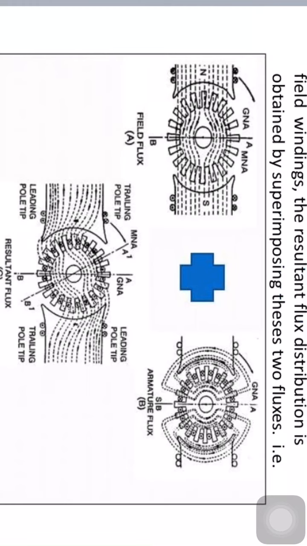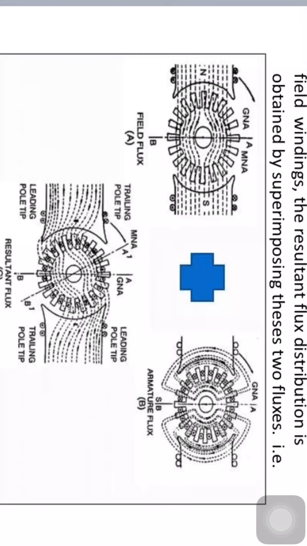So this is about leading and trailing tip. The tip of the pole from where the armature conductors come into influence is called leading tip, and the other tip opposite in direction to it will be the trailing tip.